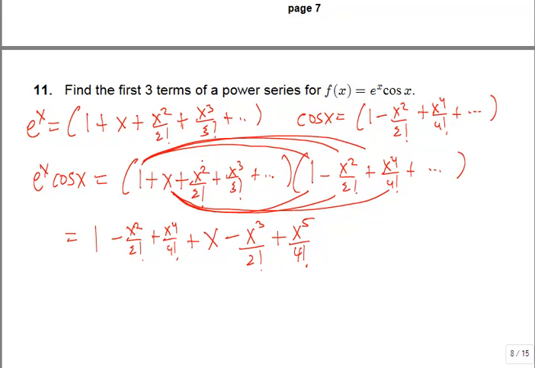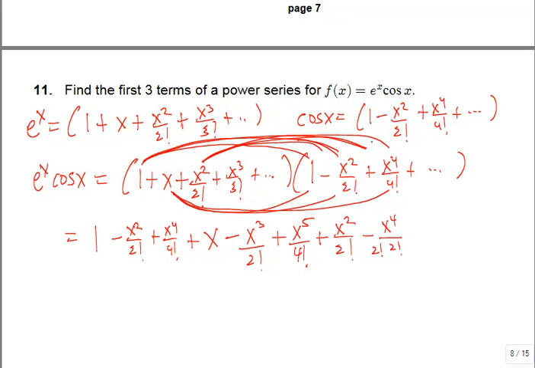Now let's take our x squared over 2 factorial times 1. X squared times an x squared will be, this will be minus because of the minus sign, and we're going to get a minus x to the 4th over 2 factorial. And then let's do this one here is probably going to be too big, so I'm not going to bother. That would be an x to the 6th, so I think that's too big.